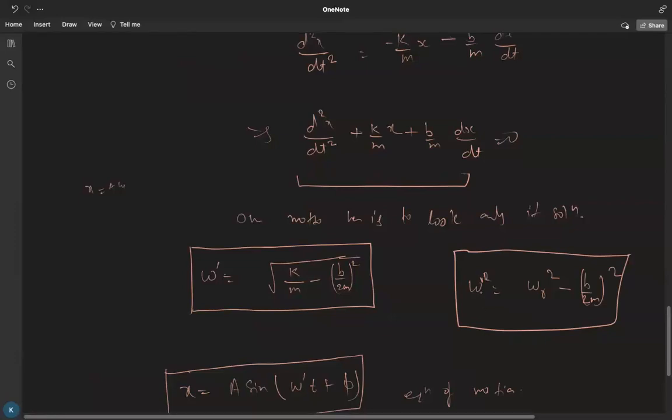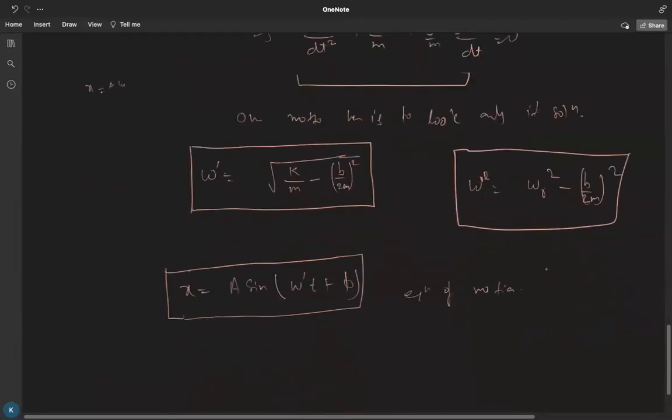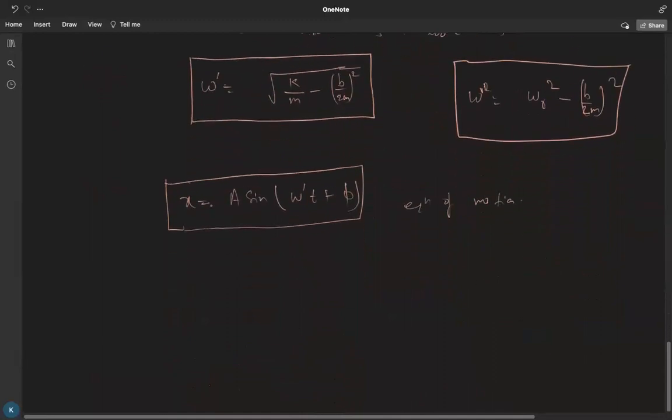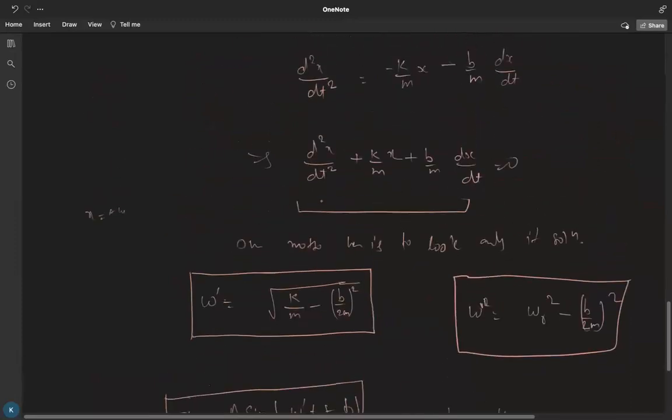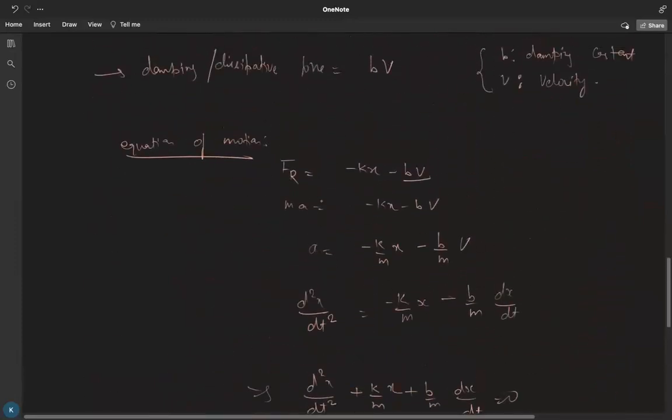The relation is omega dash square equal to omega naught square minus (b by 2m) whole square, right? And we get x is equal to A sine(omega dash t plus phi). So this is actually our equation of motion. You can call it the dynamics, right?